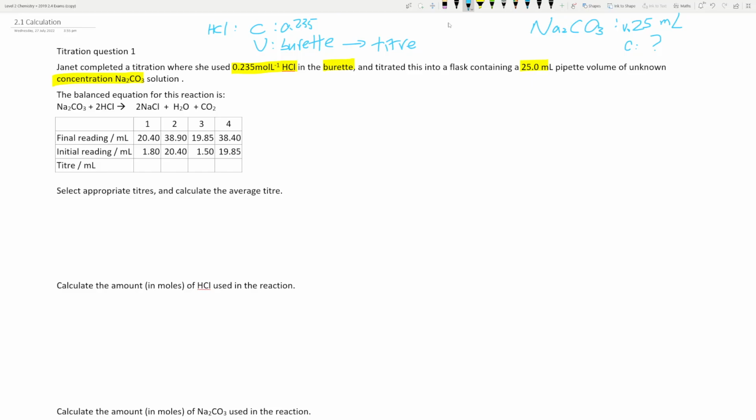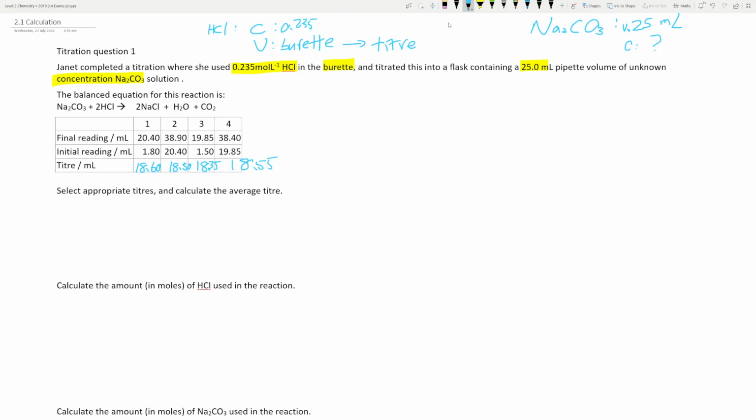First of all, you need to figure out the titer, so you use final minus initial. This is 18.60, this is 18.50, this is 18.35, and this is 18.55.